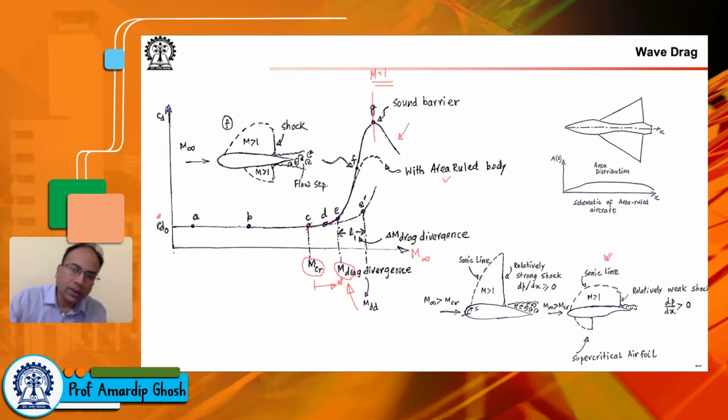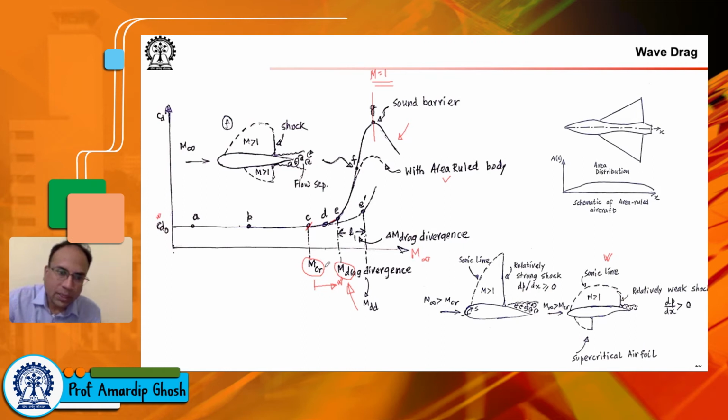So in supercritical airfoils, we have that situation where you can push your drag divergence Mach number to higher values, and the gap between the critical Mach number and the drag divergence Mach number can also be increased. You see that here, the delay of the drag divergence Mach number actually happens, and beyond that, of course, you have the rise in CD, as you see in other airfoils as well.